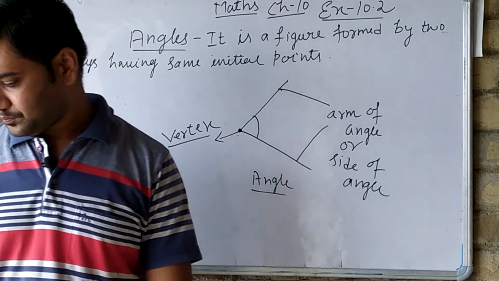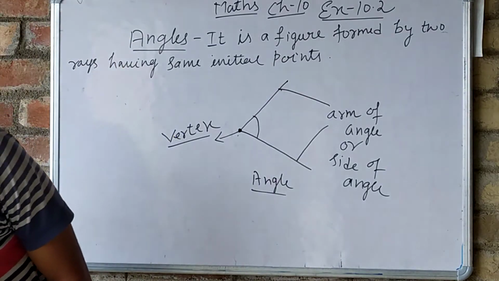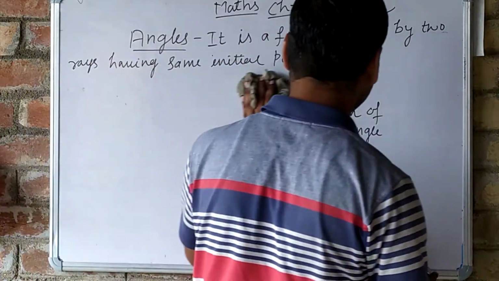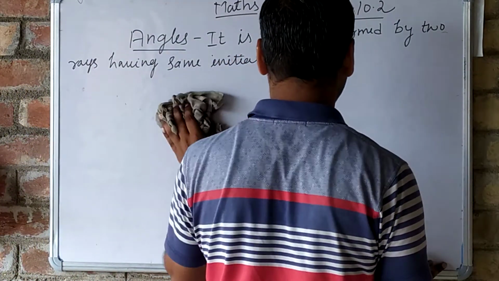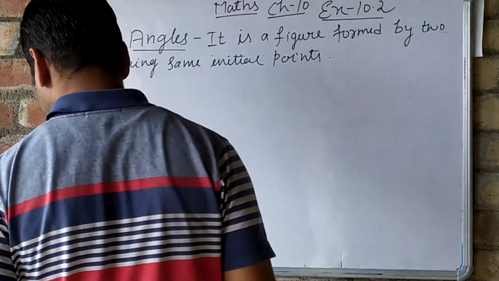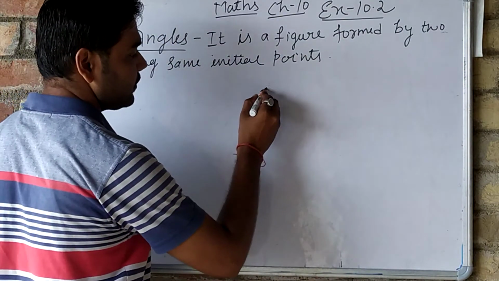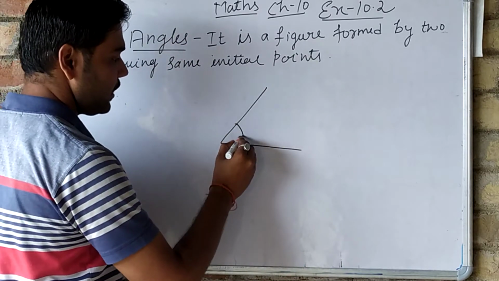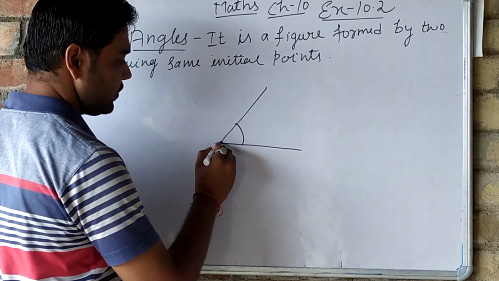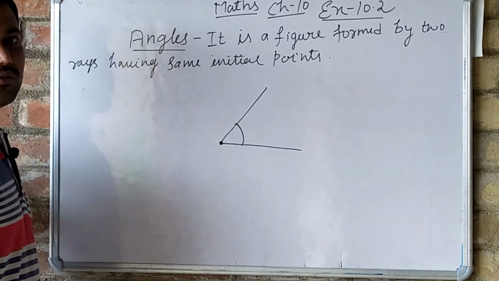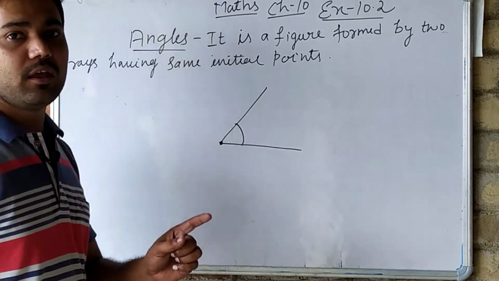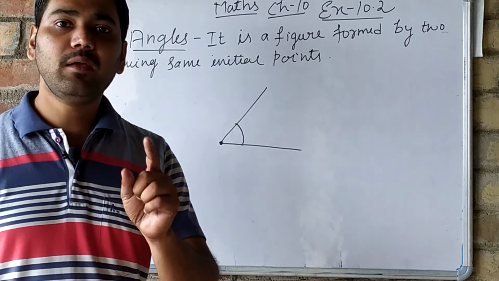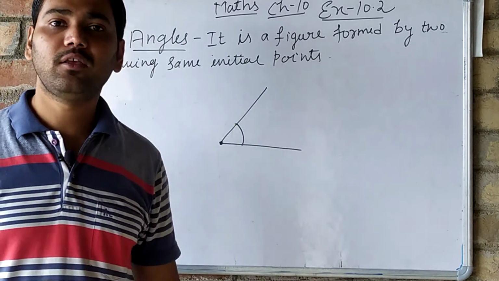Now see here, we have an angle like this, and this is its vertex. In drawing figures in geometry, naming the figure is very important and very necessary.